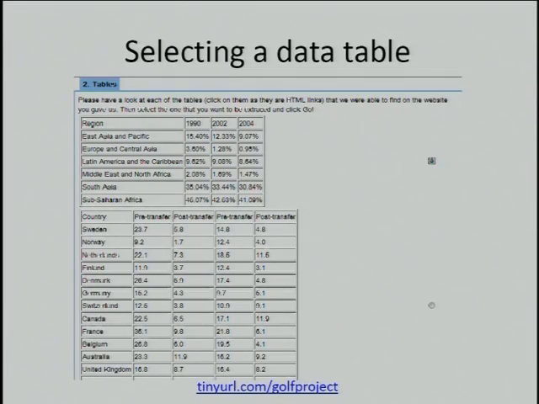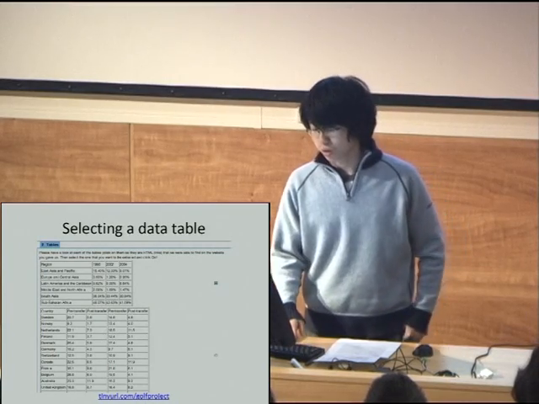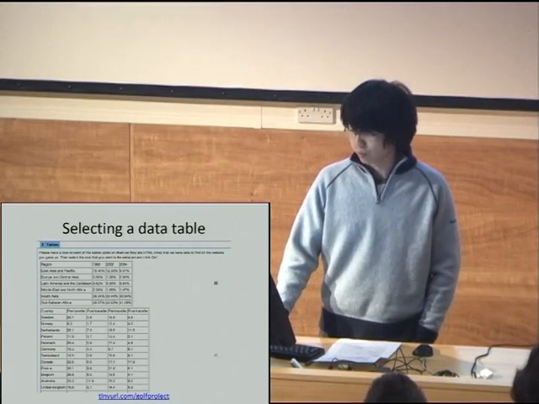After you have input the URL, our parser will find tables in the web page and show them back to the user, so the user can choose one of the tables.